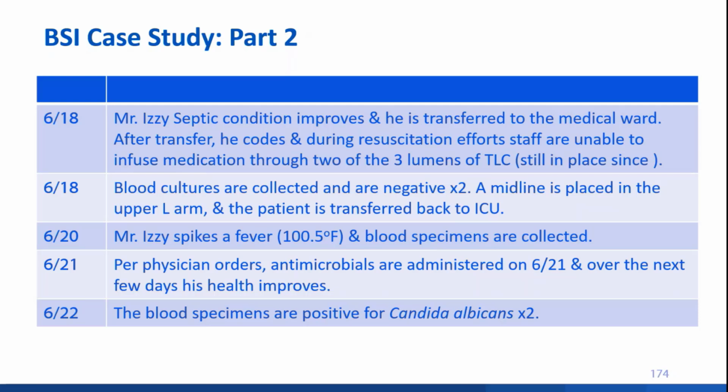On 6/21, per physician orders, the antimicrobials are administered, and over the next few days, his health does improve. On 6/22, the blood specimens are showing positive for Candida albicans ×2. Just to note, we'll have an abbreviated version of this case study for all the questions, so you don't have to hurry up and write everything down.